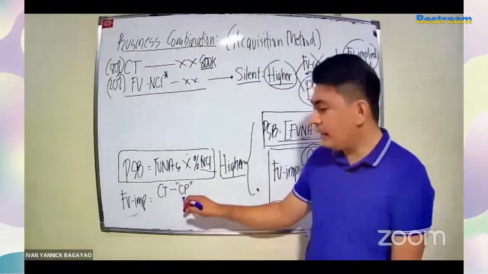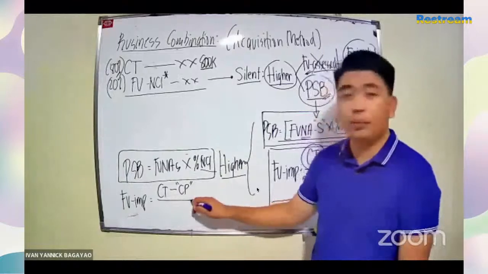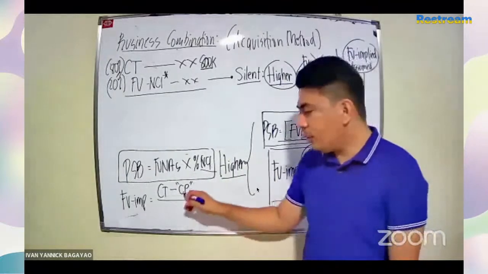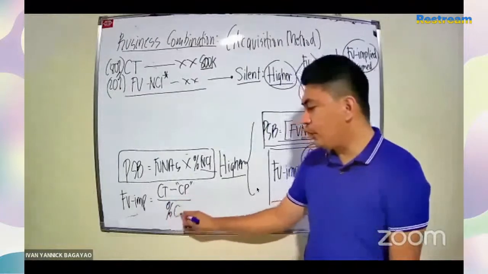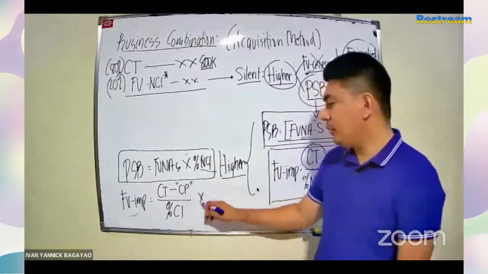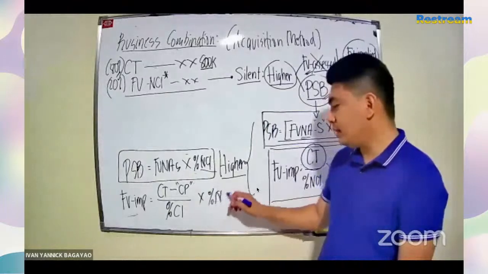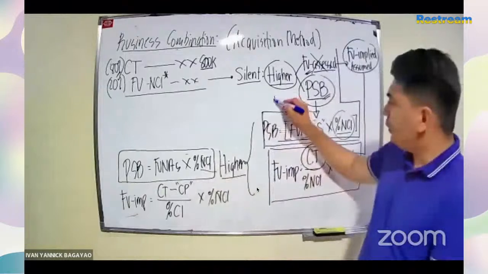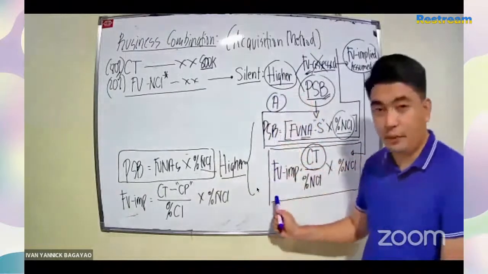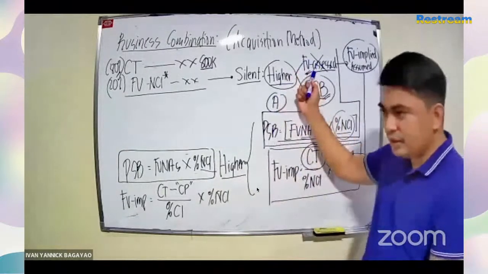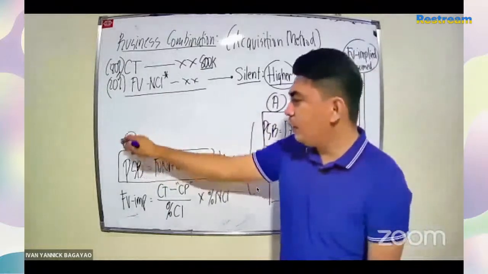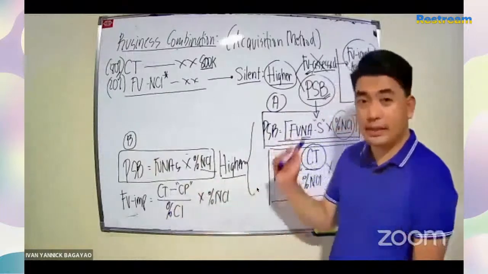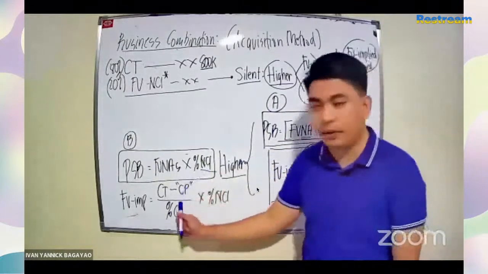So pag wala naman talaga, hindi siya included dito sa consideration transferred, wag mo nang i-deduct. Okay? So, kunyari, kasama, i-deduct mo yung control premium, then divide this by the controlling interest percentage. Then multiply this by the non-controlling interest. Okay. Yes, sir. Ito yung isang scenario, whichever is higher ng PSP and FV implied, kung walang assessed. Ito naman yung second scenario, kung walang assessed at merong control premium.